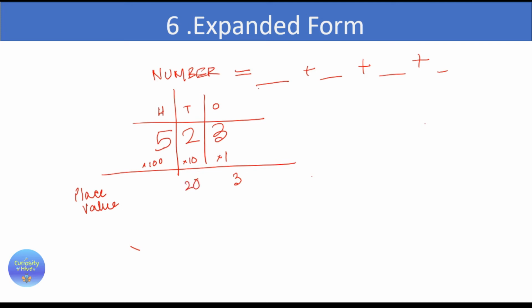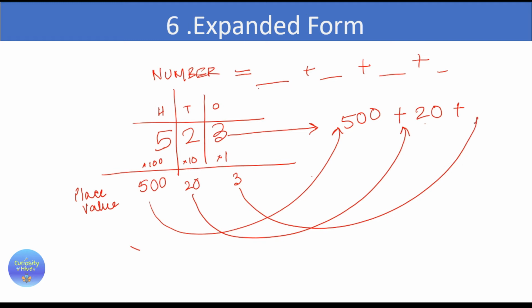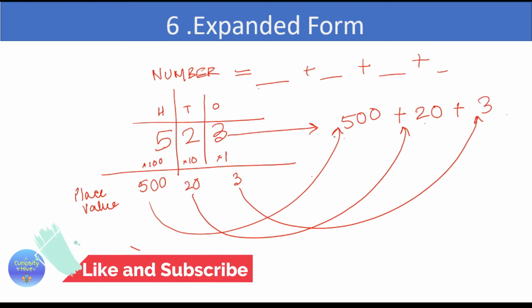And the place value of 5 is 5 times 100, which is 500. So the expanded form for 523 is nothing but 500 plus 20 plus 3. So this is how you would write the expanded form.